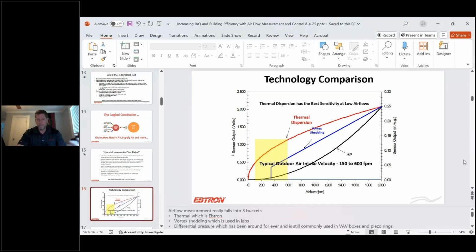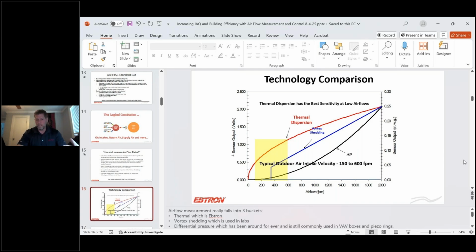And so how do you control an HVAC system with such a big scatter on your velocity? That's one of the challenges with differential pressure. There are other challenges as well, but they become less sensitive and less accurate at the lower velocities.